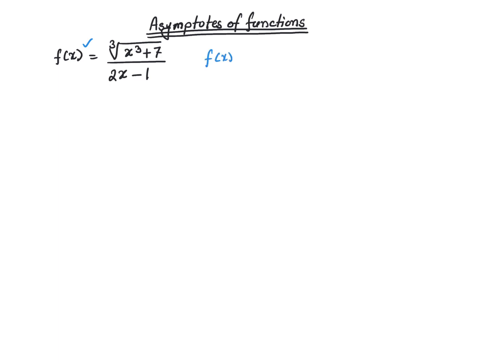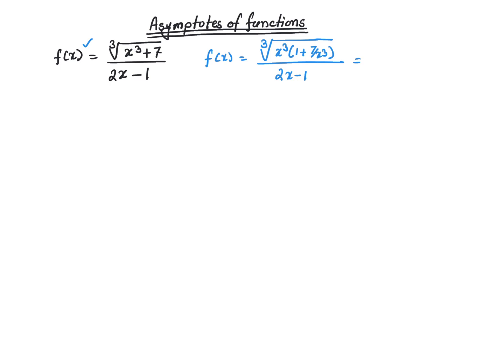f of x is equal to, I could rewrite it like this: cube root of, if I factor out x cubed, I'm going to get 1 plus 7 over x cubed, times 2x minus 1.